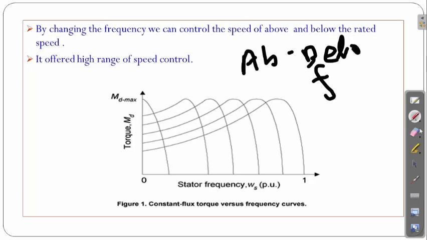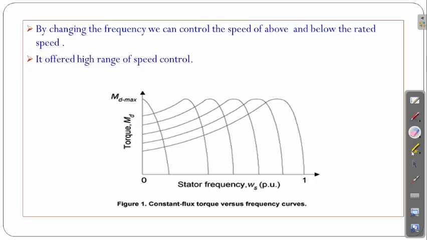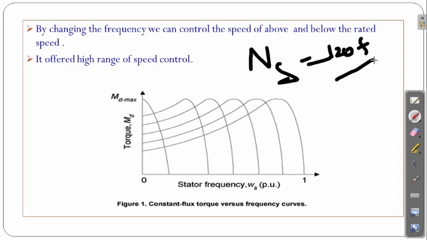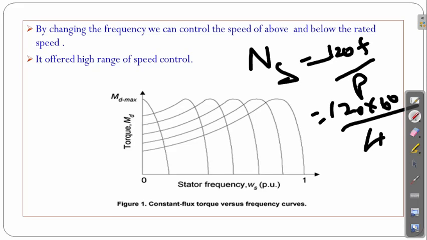First of all, what is the meaning of rated speed? As I said before, there is a formula to calculate the speed: N equal to 120 F by P. Here we are using 60 Hz frequency, so we give 120 into 60 divided by the poles for the particular motor, say 4 poles. Then we get a speed of 1500 RPM.